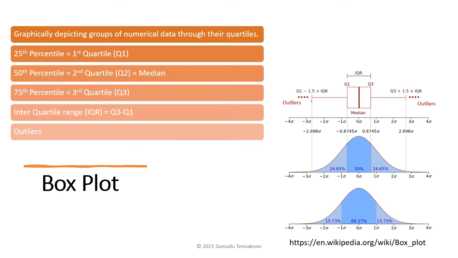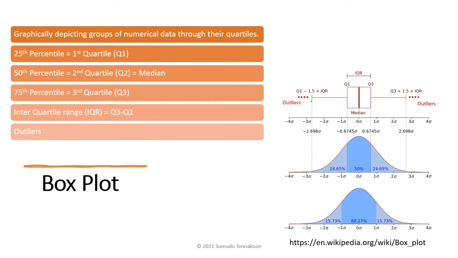The positive boundary is the third quartile plus 1.5 times the interquartile range, and the negative side is the first quartile minus 1.5 times the interquartile range, right? Anything below and above these whiskers will be considered outliers in this box plot.